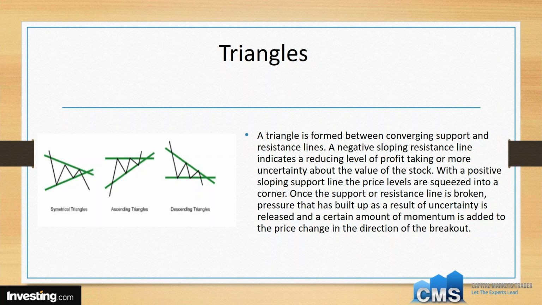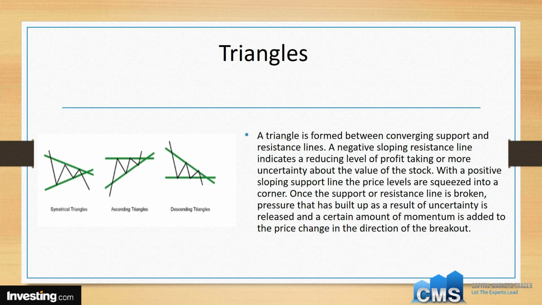A triangle is formed between converging support and resistance lines. A negative sloping resistance line indicates a reducing level of profit taking or more uncertainty about the value of a share. With a positive sloping line, the price levels are squeezed into a corner.